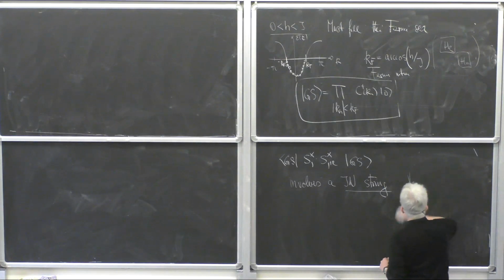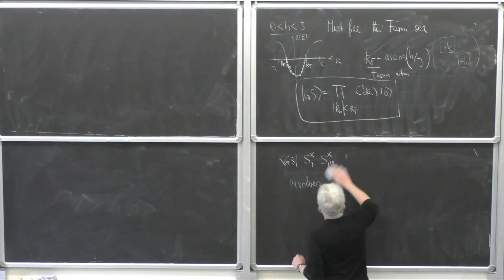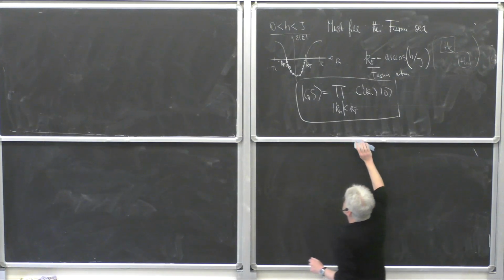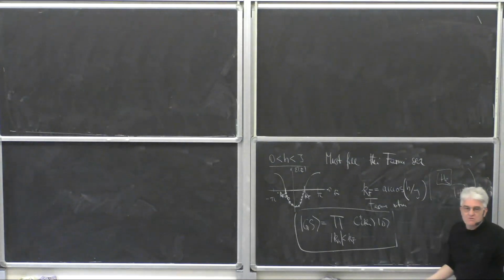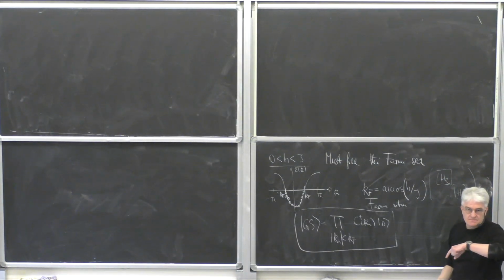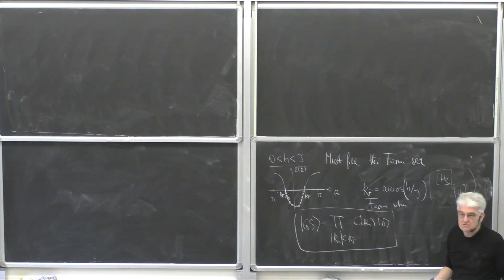Okay, what I want to do next is I want to show you that the low energy sector of that theory is equivalent to the free boson that we studied 2 days ago.